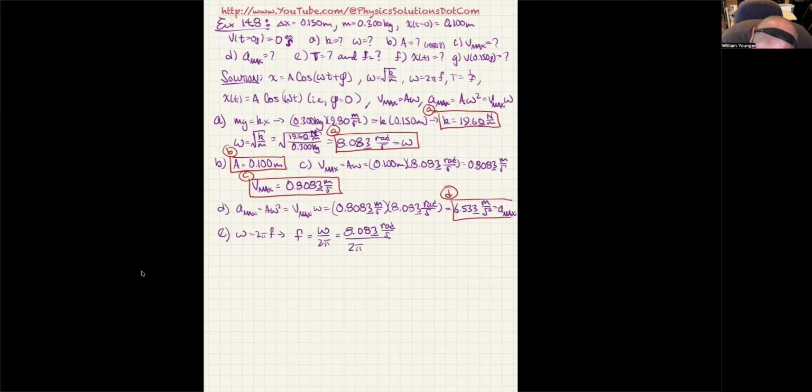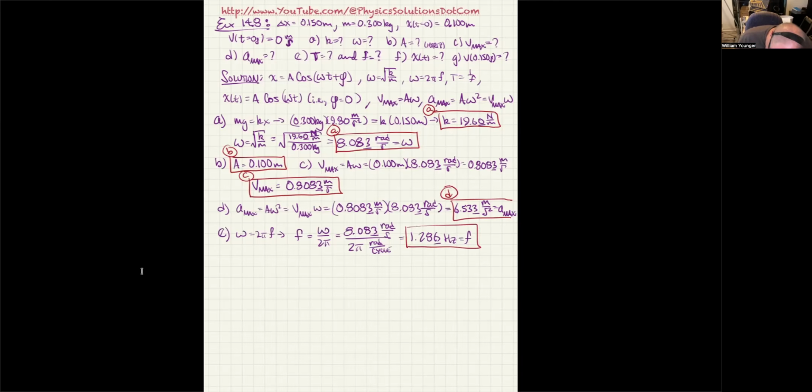And I'm going to divide that by 2 pi radians per cycle. 8.083 divided by parentheses 2 times 3.14159 gives me 1.286. Again, carrying an extra digit. That's the frequency in hertz. Your book would call that 1.29, and that is what we got.